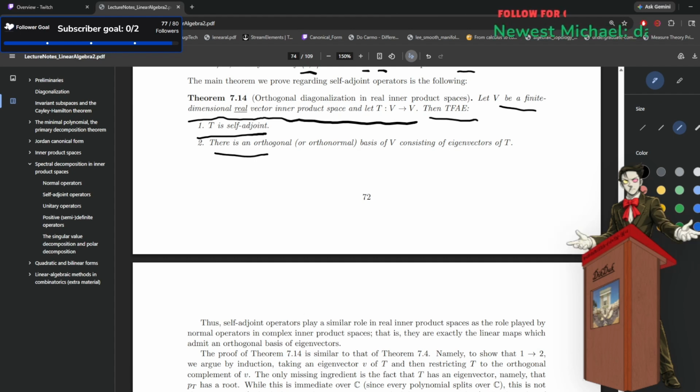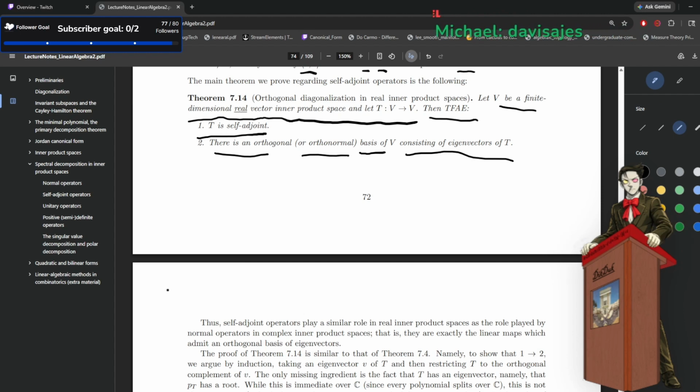There is an orthonormal basis of V consisting of eigenvectors of T, since you could just take away the magnitude by dividing by the norm. Thus, self-adjoint operators play a similar role in real inner product spaces as the role played by normal operators in complex inner product spaces. That is, they are exactly the linear maps which admit an orthogonal basis of eigenvectors.